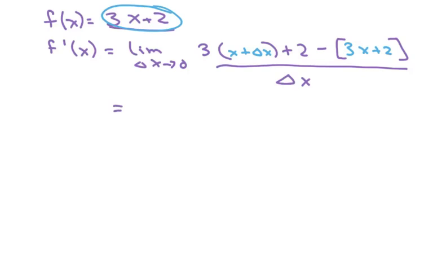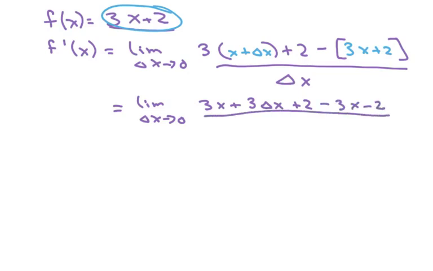So this equals the limit as delta x approaches 0 of 3x plus 3 delta x plus 2 minus 3x minus 2. Now when you're doing this limit process, everything should cancel that doesn't have a delta x in it. So if you're not able to cancel out the terms, then you probably did something wrong.